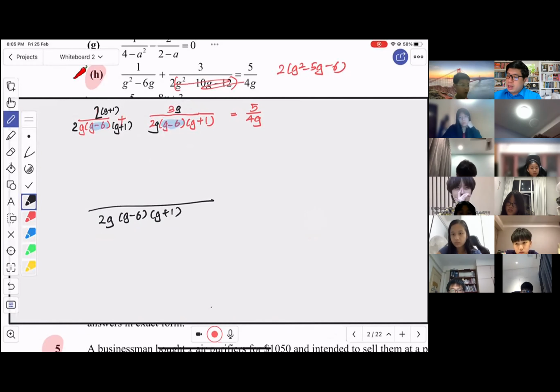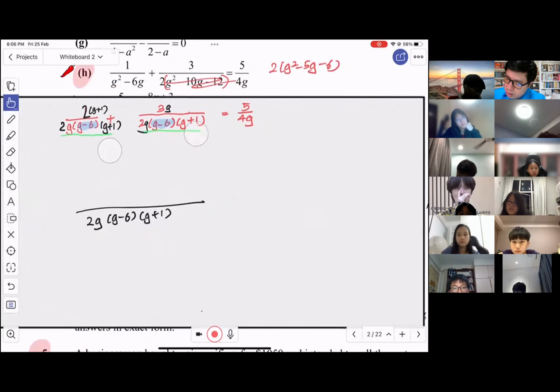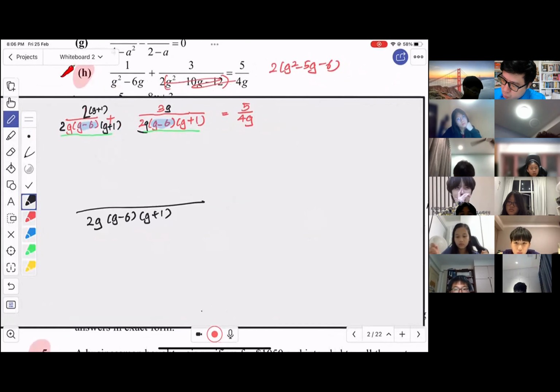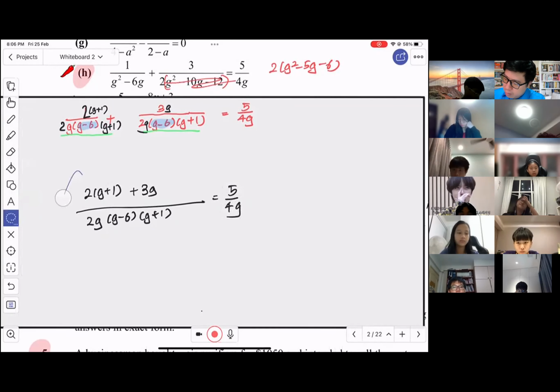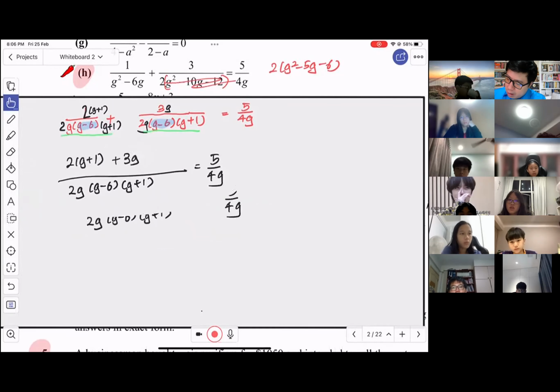Now my denominators are all the same, so I'll add them together. This will have 2(g plus 1) plus 3g equals 5 over 4g. You may be thinking of combining straight away, but no need yet.